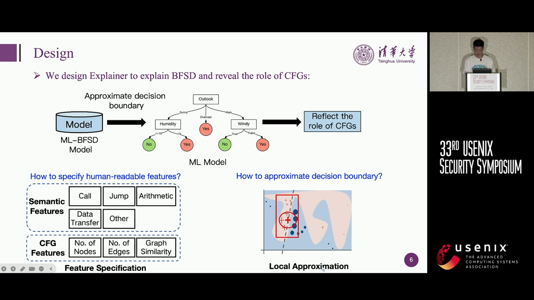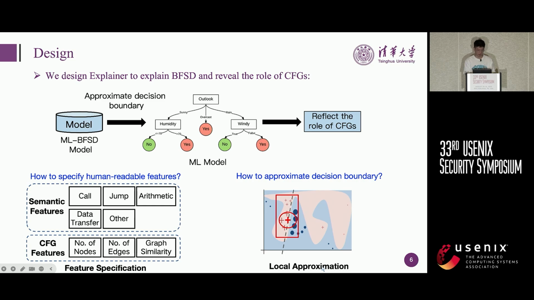Some explanation methods directly score function bytes, which is pointless in our task, since CFG can hardly be directly characterized using bytes. So to overcome this challenge, we specify human-readable features to represent functions. Each feature represents a component affecting model decisions, and it can be scored by the explainer to intuitively reflect its importance.